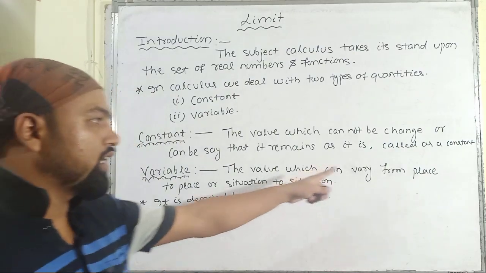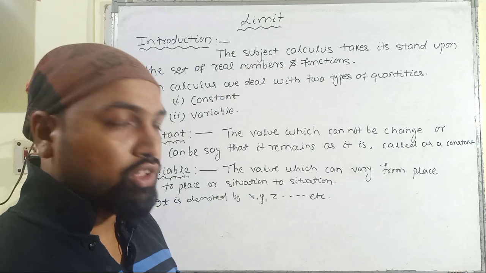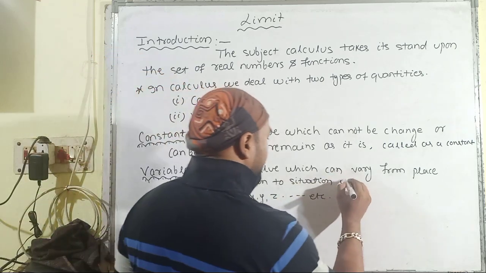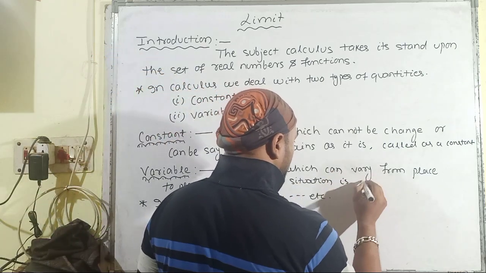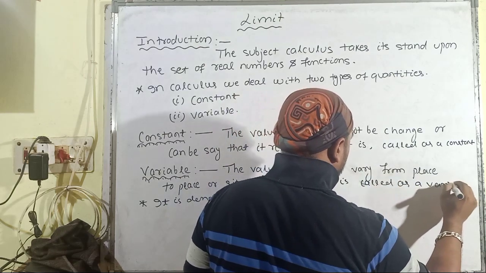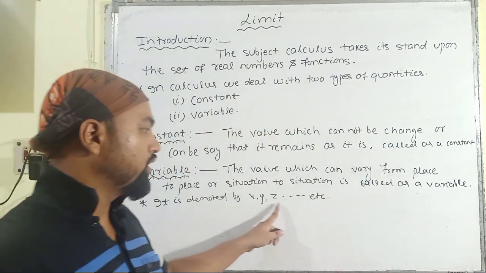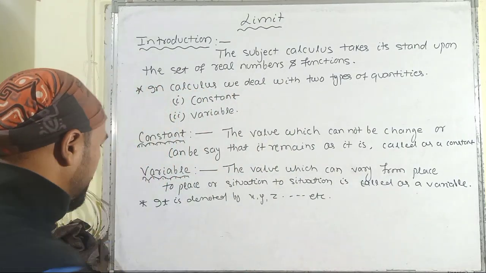Variable: the value which can vary from place to place or situation to situation is called a variable. It is denoted by small x, small y, small z, etc.